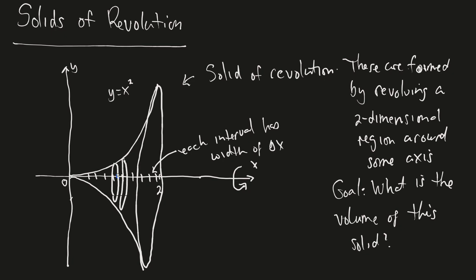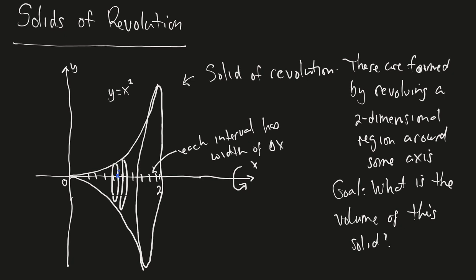We're going to take a disk out, and that disk is going to have a certain height and a certain radius, and the question is, what is its volume? As far as the radius, you see the axis of revolution right here runs right through the middle of the solid. So the radius is going to extend from the axis up to the curve. Now, I kind of covered up my little blue asterisk there.